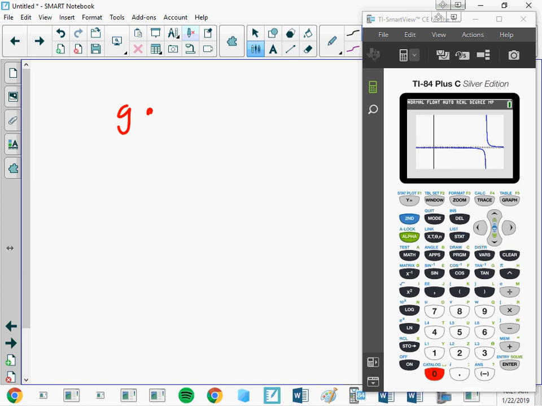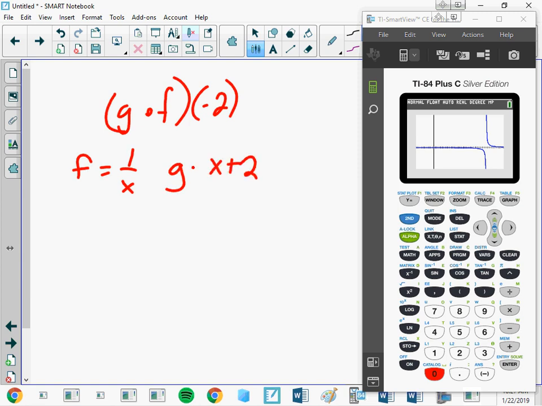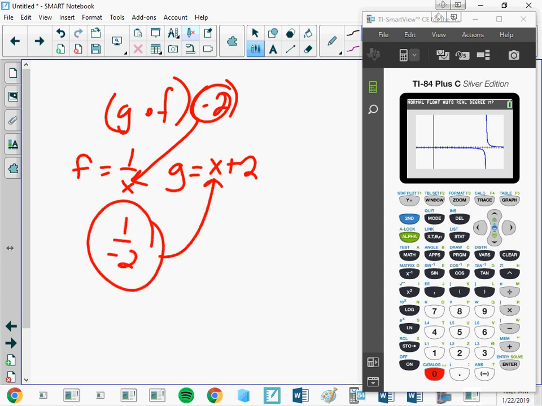So I want G of F of -2, and F is 1 over x, and G is x plus 2. So I'm going to put -2 in there, and I get 1 over -2. Then I take that answer and I stick it in there. -1 over 2 plus 2 is going to be 1.5, or 3/2.